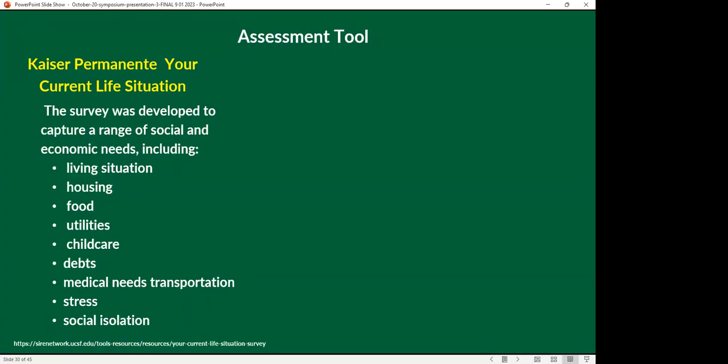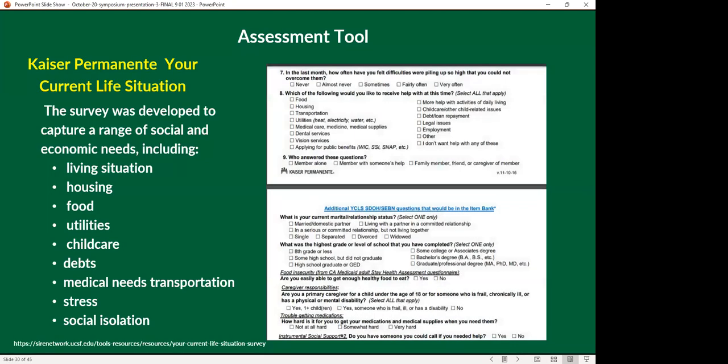This survey was developed to capture a wide range of social and economic needs, including the person's living situation, the housing, the food, the utilities, their childcare, their debts, their medical needs, transportation, stress, even social isolation. So the resource is there, but I wanted to give you a snapshot of the questions that are asked to capture everything.